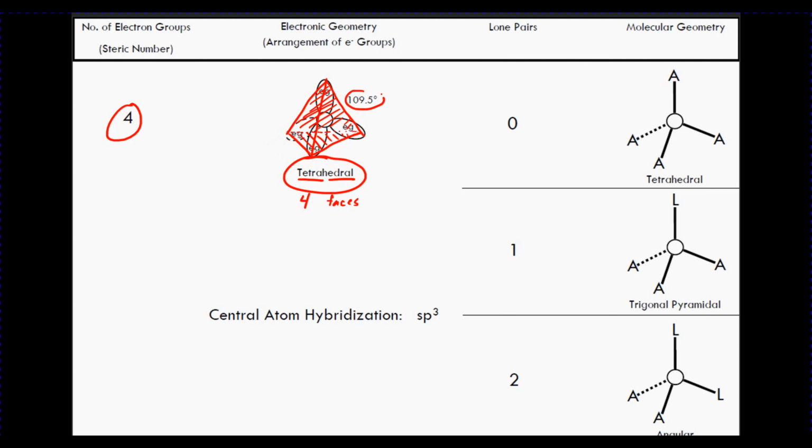You can ignore this. Ideally, this particular angle is the angle between 2 electron groups. This could be true if we're dealing with CH4, something like that, with the same elements at the corners. But here, we're dealing with one double bond and single bonds.